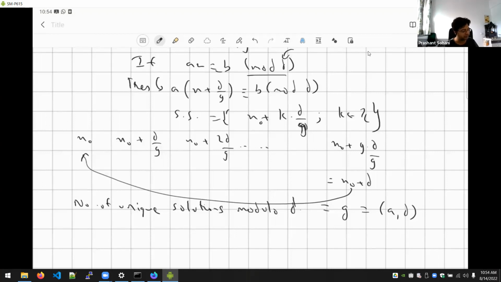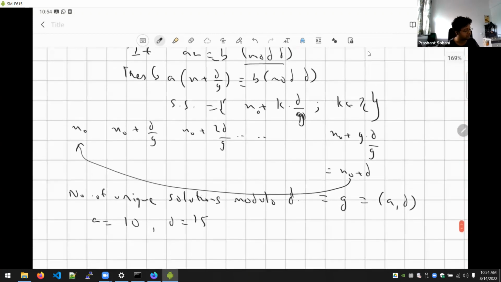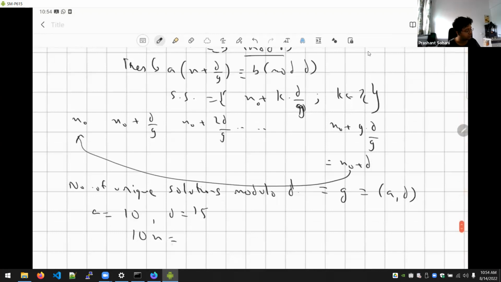Maybe for clarity, we can take a numerical example also. So let's say take a equal to 10 and d equal to 15, for example. Let's say the equation is 10x is congruent to 5 modulo 15.